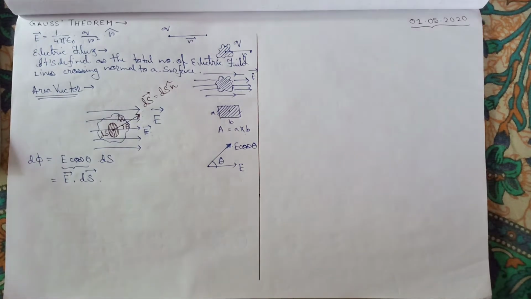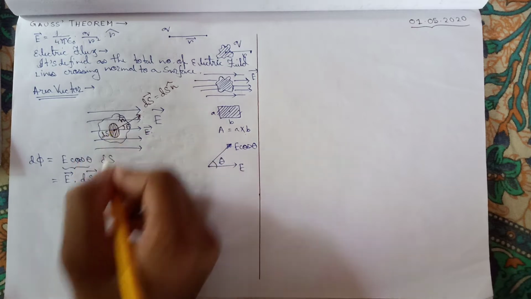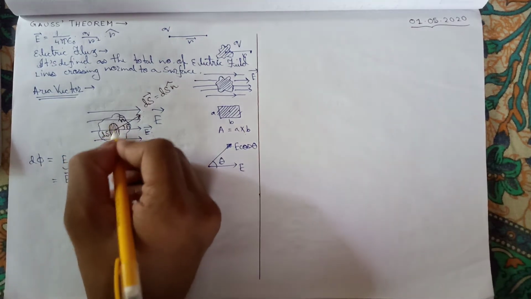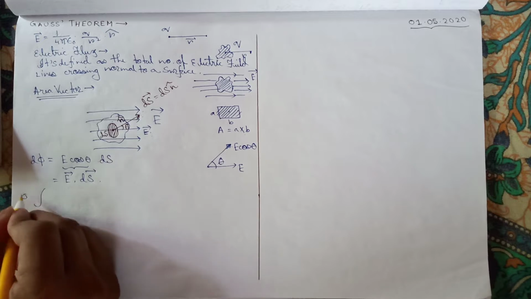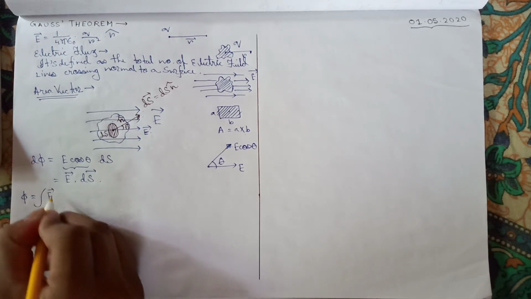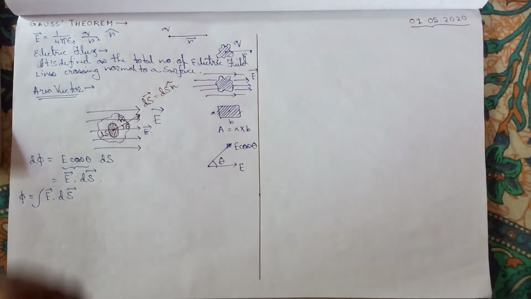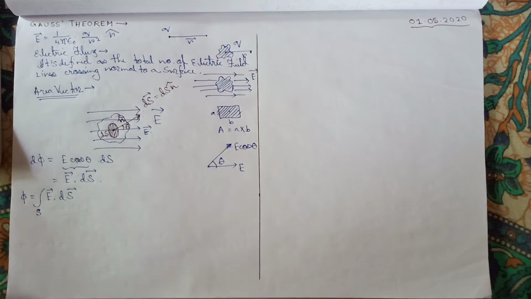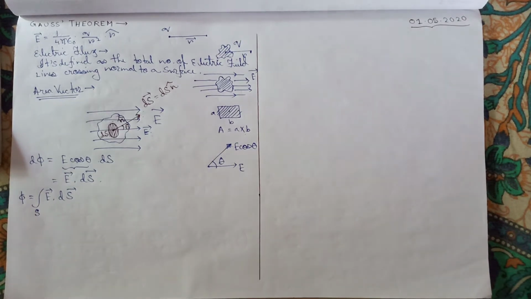Integral means the total sum. So the total area will be the sum of such elementary areas. So the total electric flux phi will be the surface integral, because we are considering the surface here, of the dot product of electric field and area.